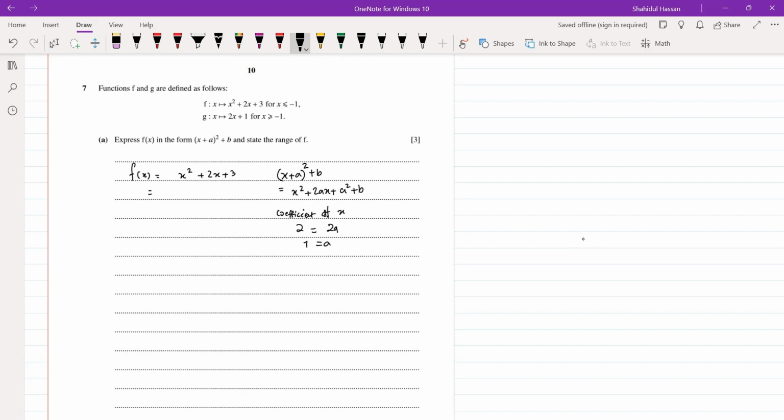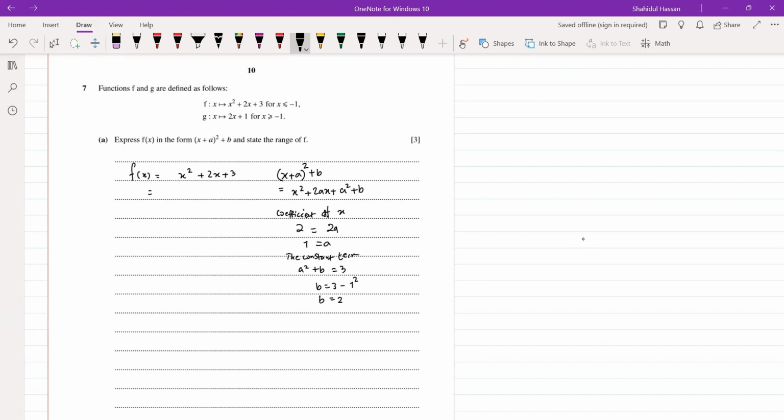The constant term in the f of x function is 3, and the constant term here is a square plus b. So a square plus b is equal to 3. So here we have b is equal to 3 minus a square, but I know the value of a now.